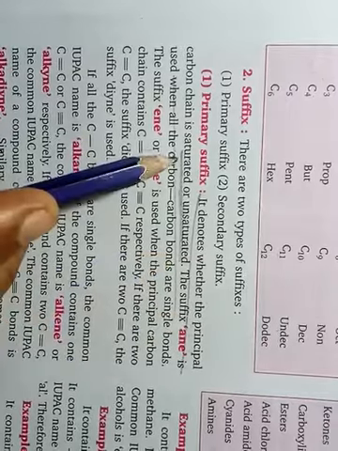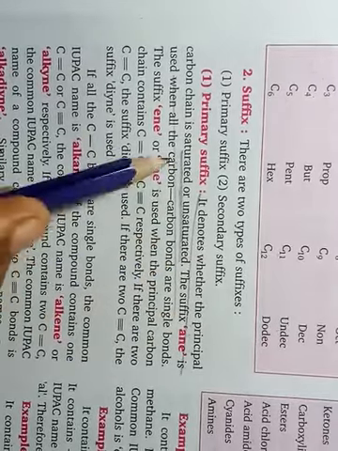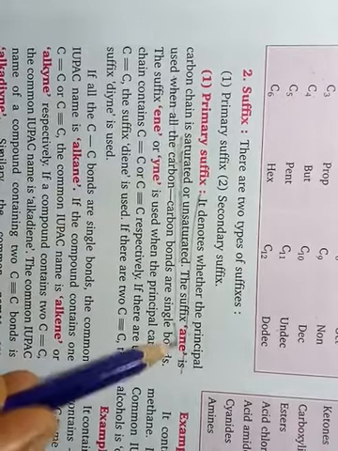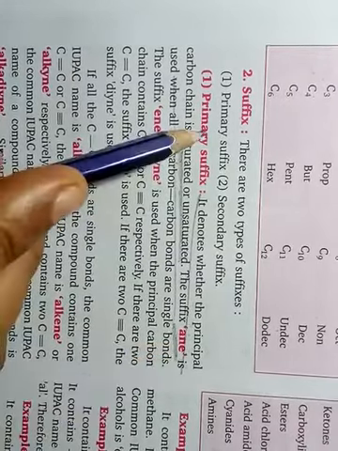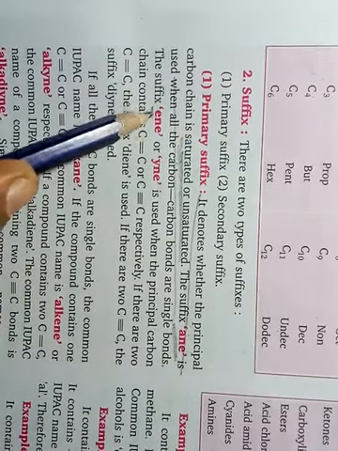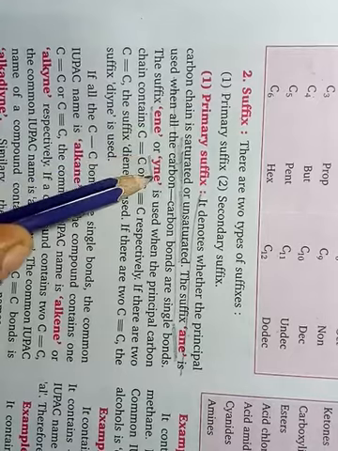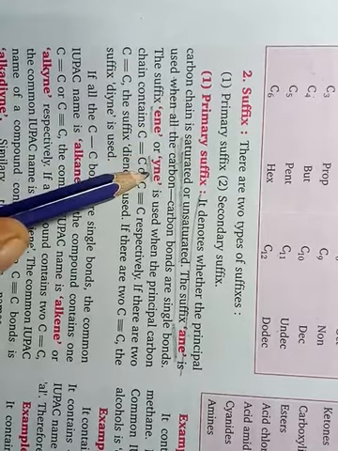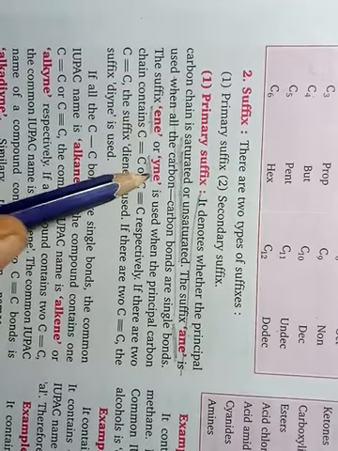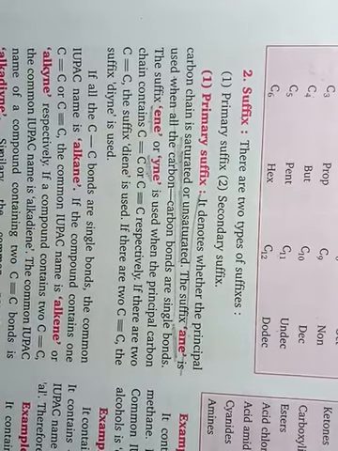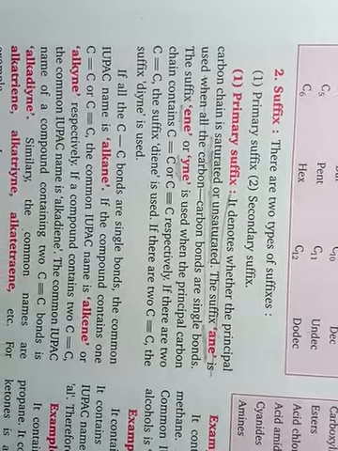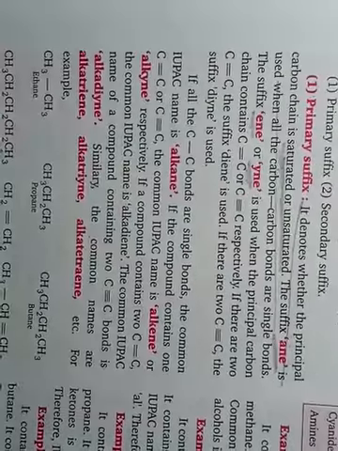If the chain is saturated, then the primary suffix "-ane" will be used, and if the chain is unsaturated, then according to the type of bond, the "-ene" or "-yne" primary suffix will be used. "-ene" when a double bond is present, and "-yne" when a triple bond is present in the carbon chain.